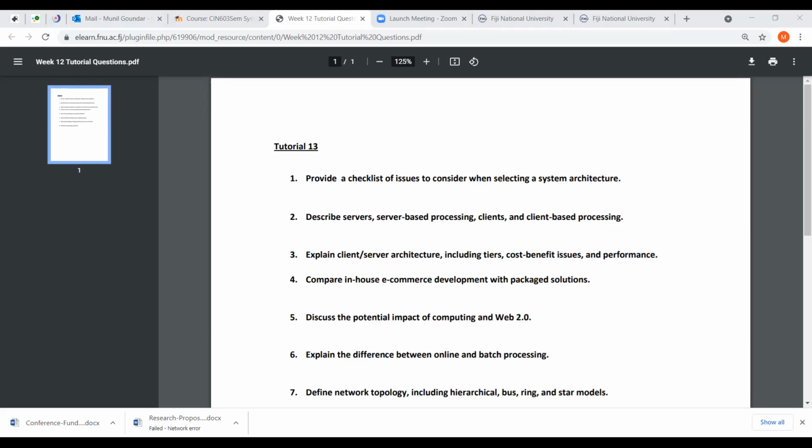Next point on the checklist is legacy system interface requirements. Legacy systems are old systems in the organization.